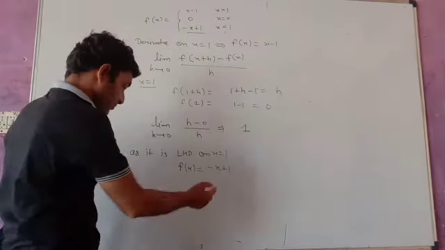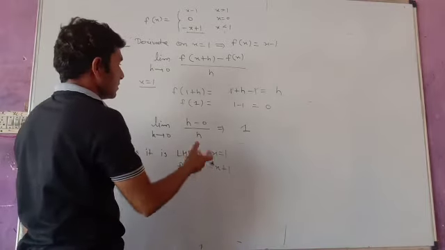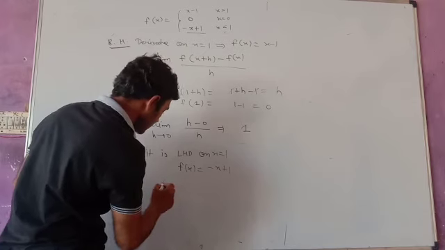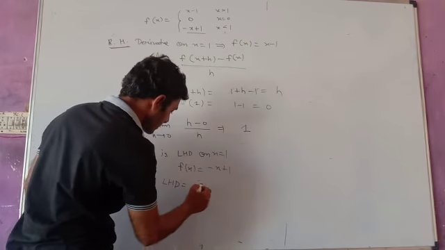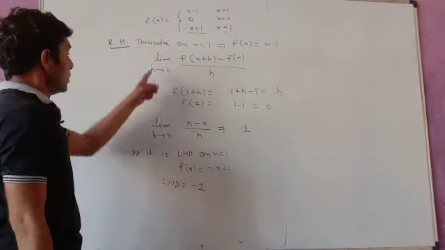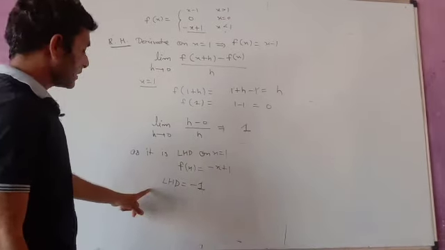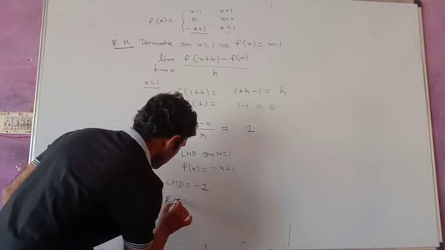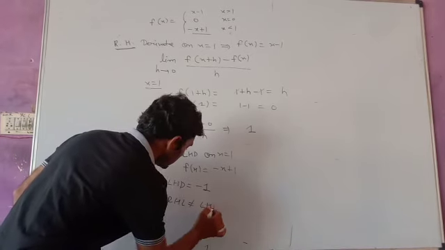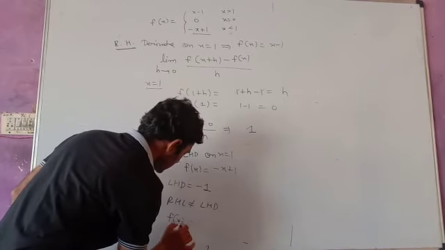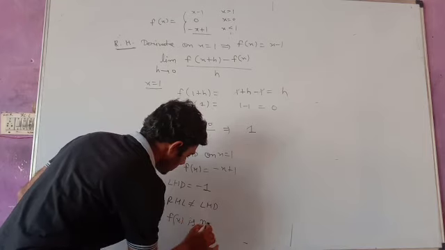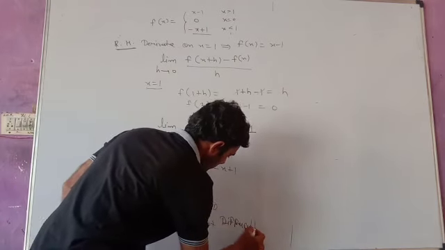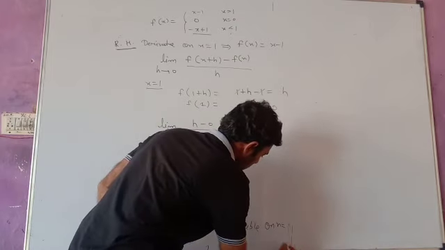After calculation of the left hand derivative we will get minus 1. The right hand derivative and left hand derivative are not equal, so RHD is not equal to LHD. f(x) is not differentiable at x equals 1.